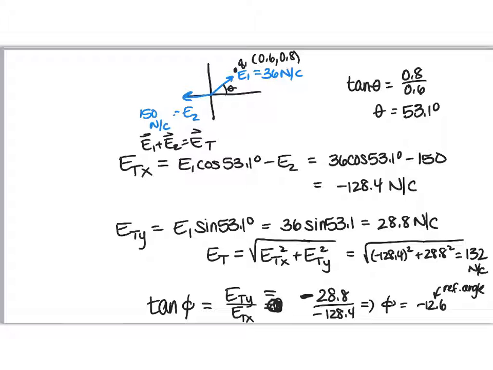Using my components from adding the vectors together, this has a negative x component and a positive y component, and I know that E total is in the second quadrant. So phi is equal to minus 12.6 plus 180, and that's how I get 167 degrees. And that's my angle phi.